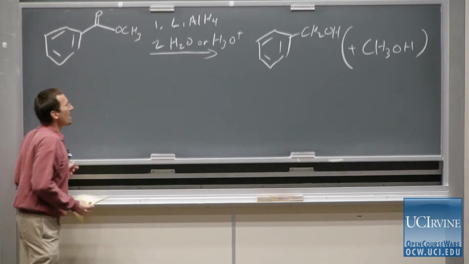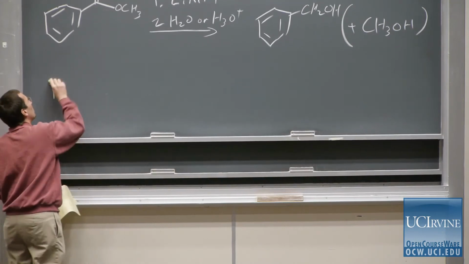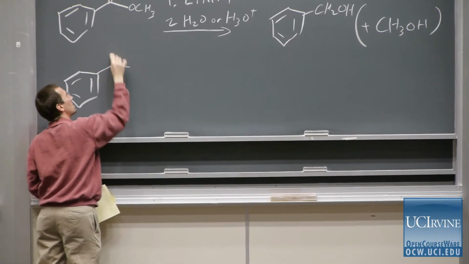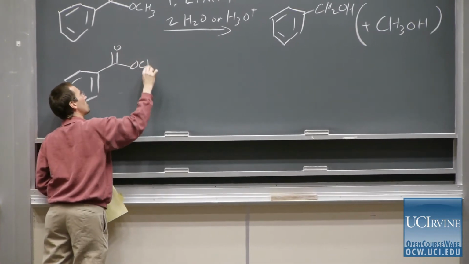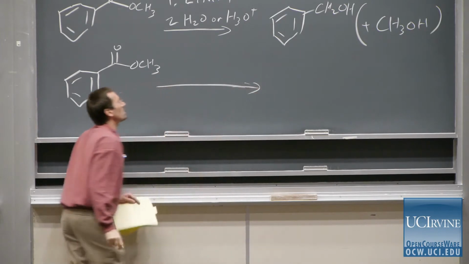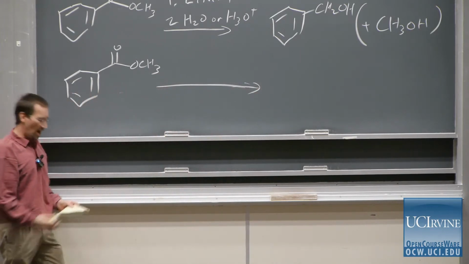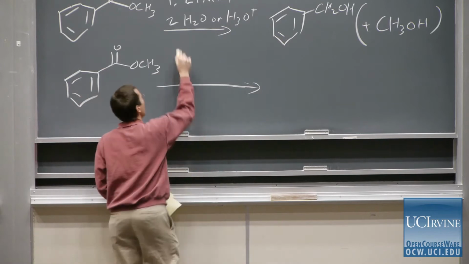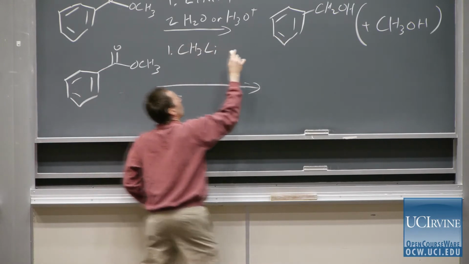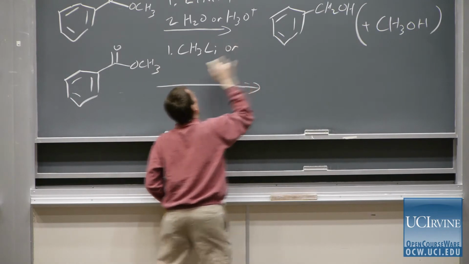And if I were thinking about a synthesis, maybe I wouldn't write it. If we go ahead and do the same chemistry, the same substrate, methyl benzoate, and now instead of treating it with lithium aluminum hydride, we treat it with, say, methyl lithium or methyl magnesium bromide.